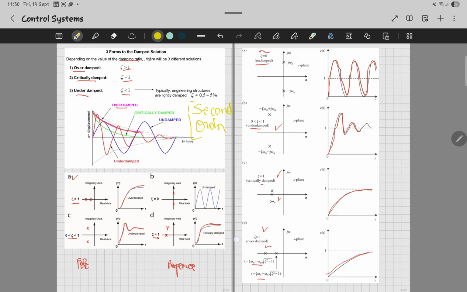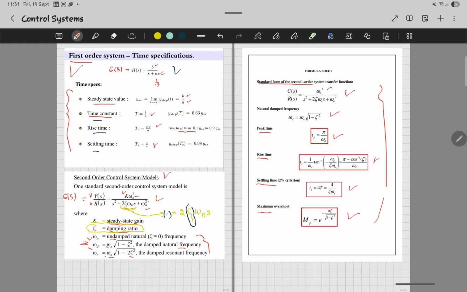Then it's based on the damping ratio. So when we see the damping ratio, we see the second order equation. So for us to know what the damping ratio is, we're going to work with the second order equation to get the damping ratio. And yes, this is what we just saw.